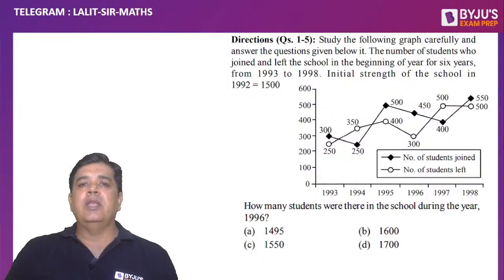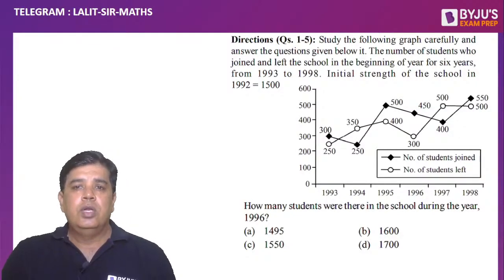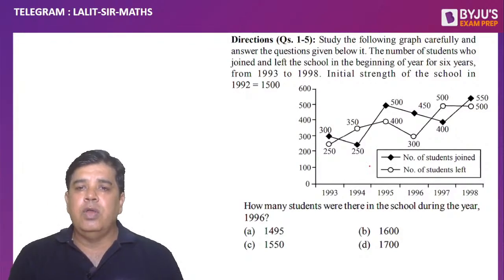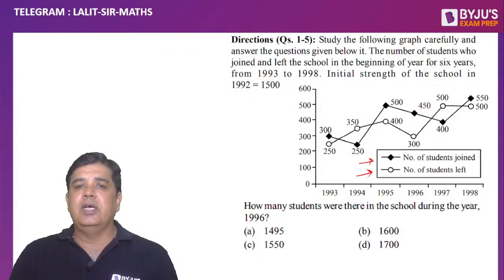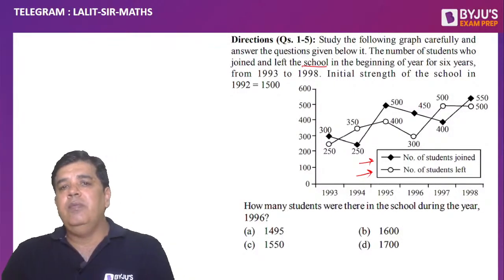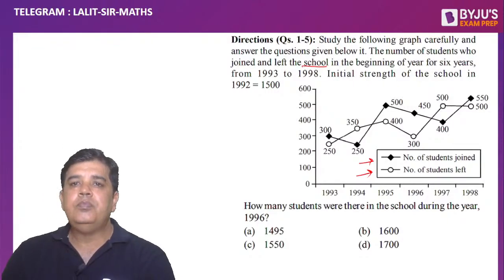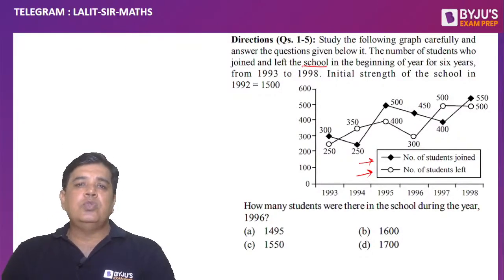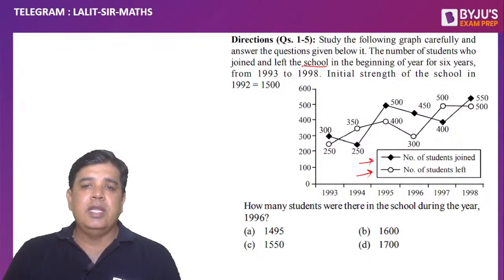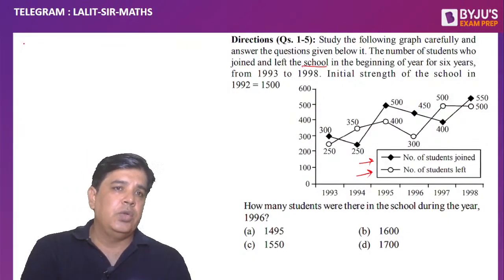Next question is the line graph, students. This is a comparison of two different things. One is the number of students who have joined. Second, the number of students who have left the school in the beginning and at the end of every year. This is the data for 6 different years, starting from 1992.